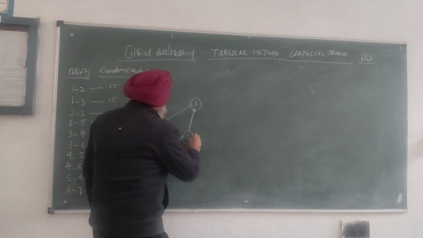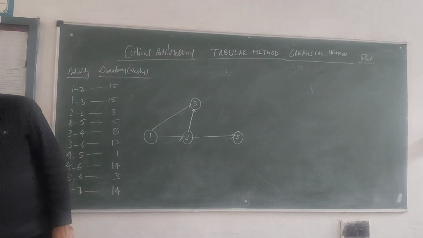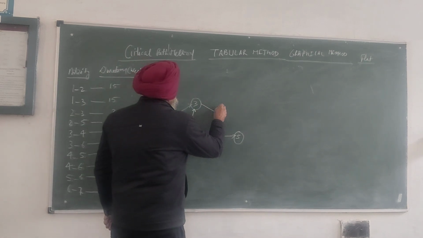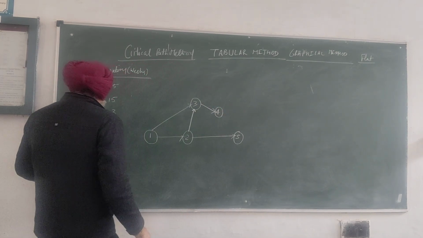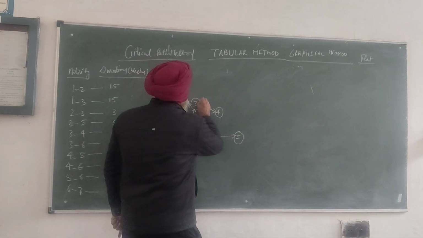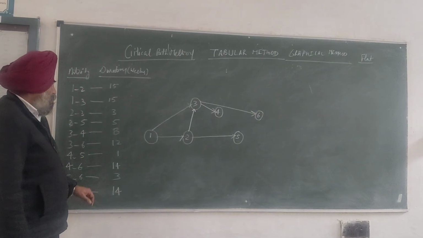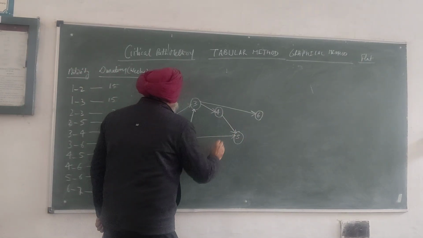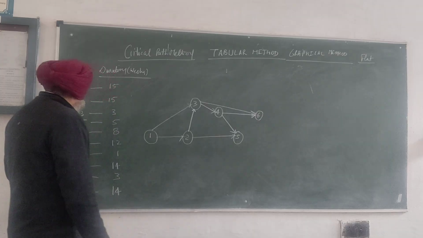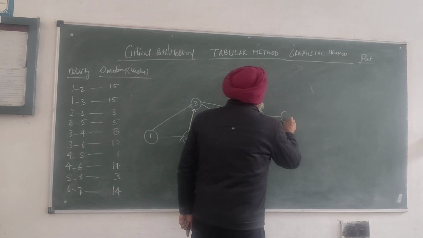Then 2 to 5, then 3 to 4, then 3 to 6, then 4 to 5, then 4 to 6, then 5 to 6, then 6 to 7.